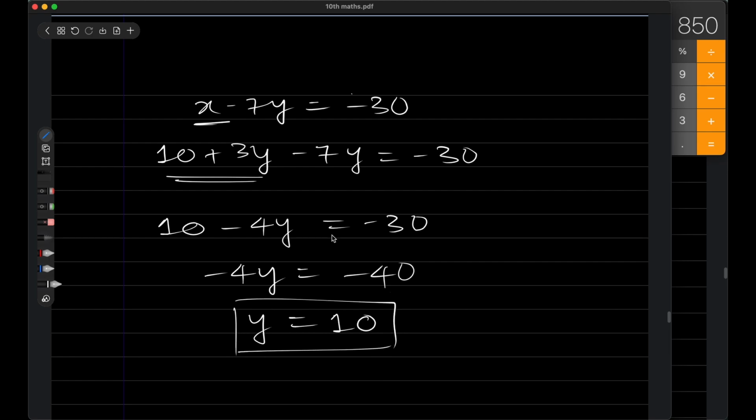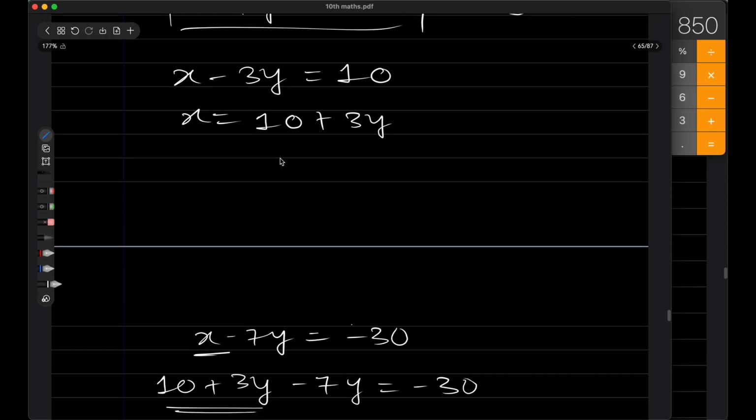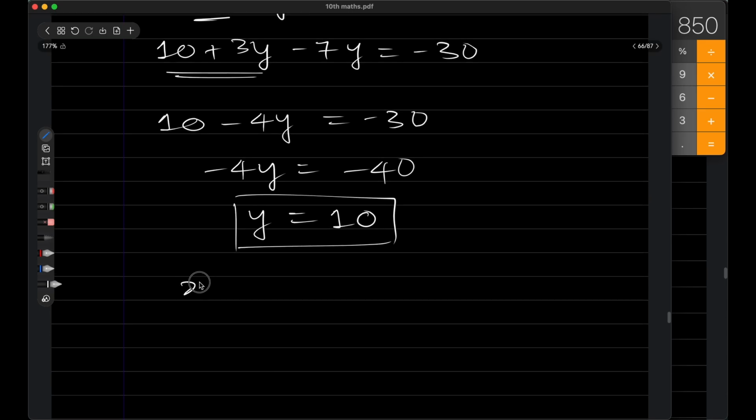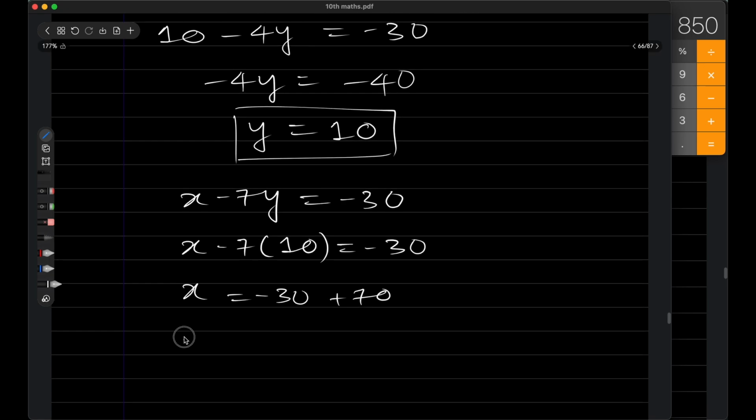We got the value of Y. We can put the value of Y in any one of the equations. Let us put it in the second equation, X minus 7Y equals minus 30. Value of Y is 10. Value of X is 40.